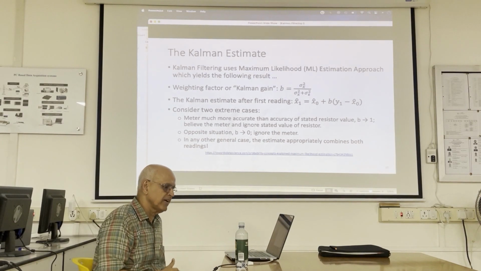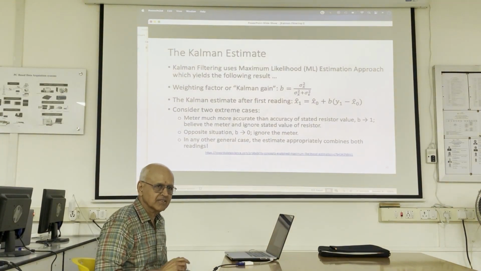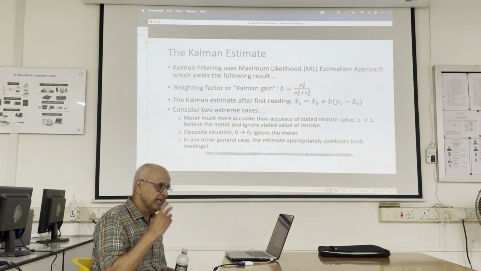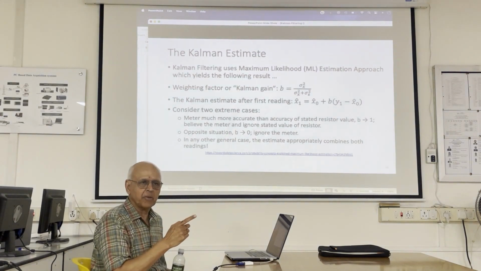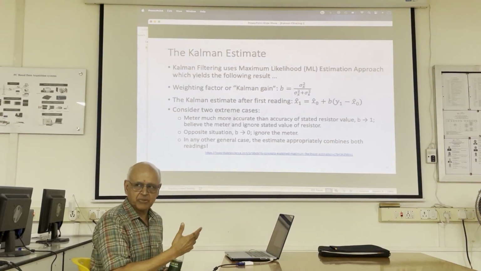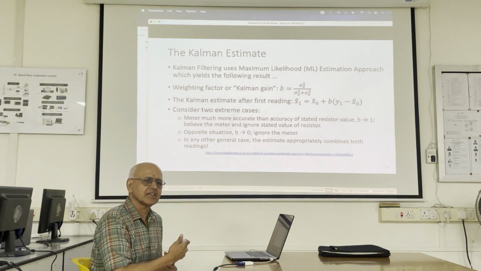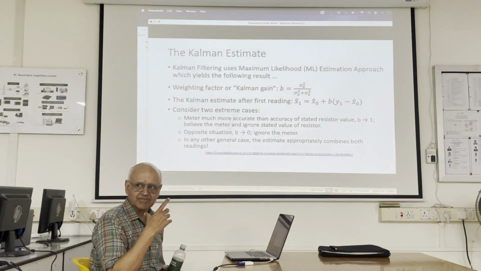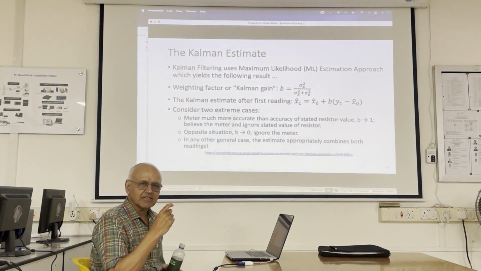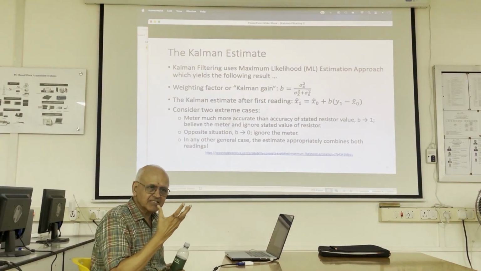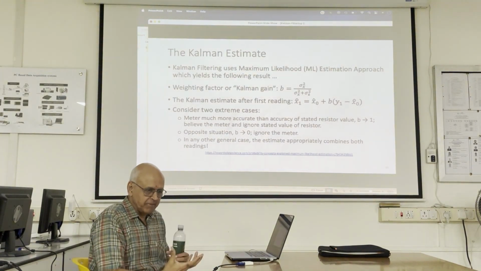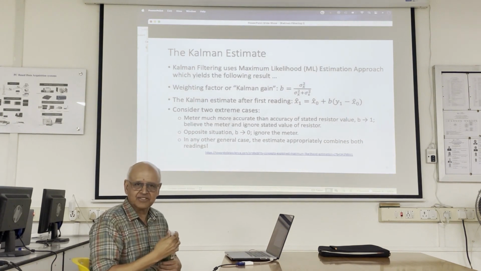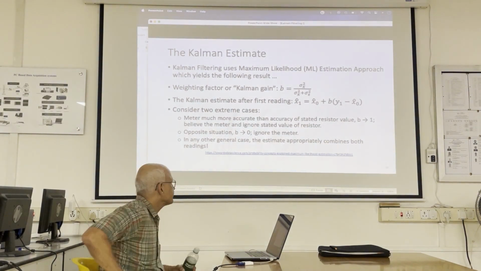You will see that the Kalman filtering result makes a lot of sense. It is so intuitively correct, and yet he derived it formally with math, with matrix algebra, differentiation, and so on. But yet it's a method whose underpinnings are so clear, because the result is so intuitive, you can relate to it.